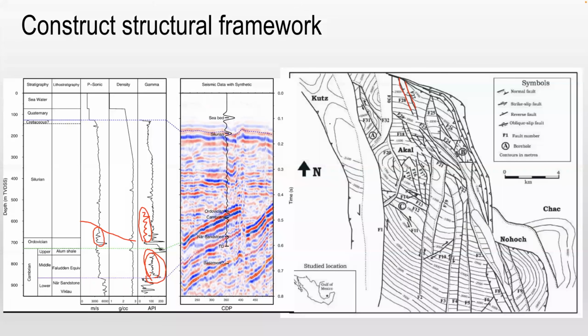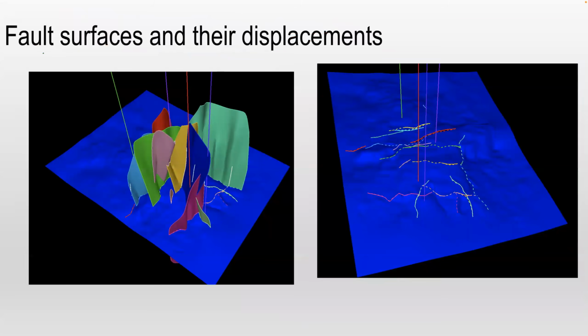And after that, you must adjust the surfaces again with these faults. So maybe because of this fault, they reduce or increase the volume of the reservoir. So you will do this part in the structural framework part of the software.